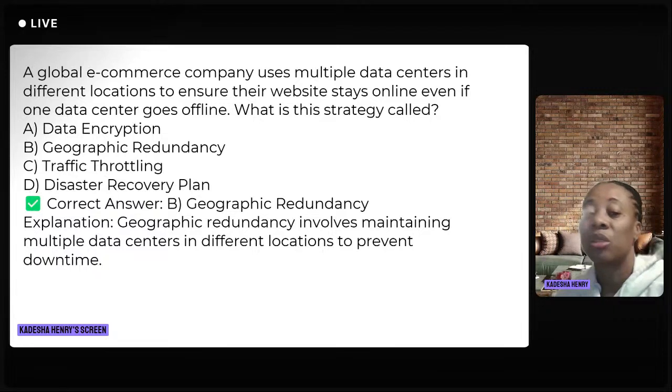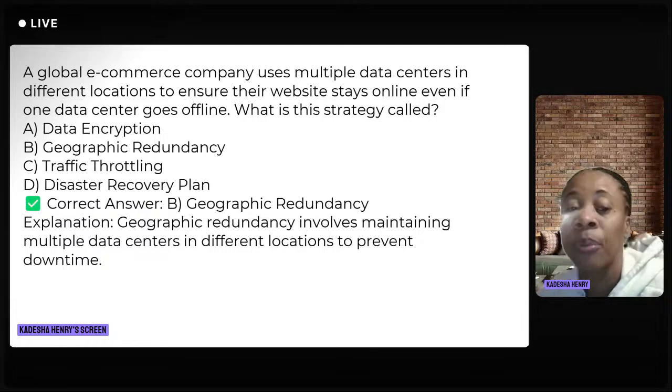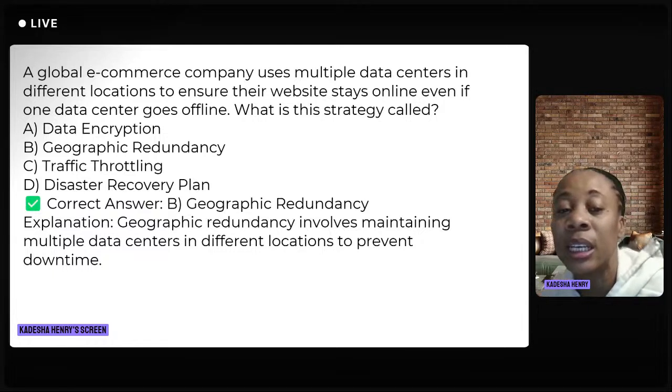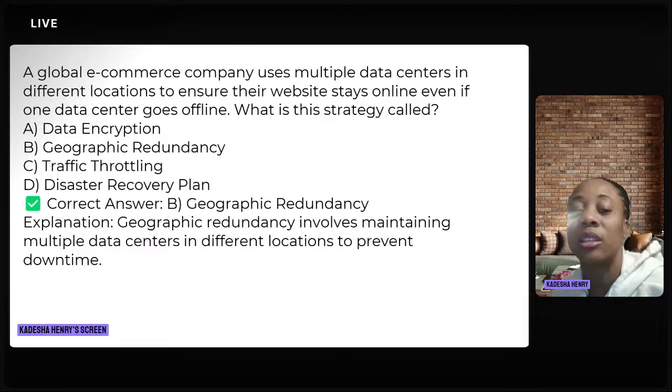What is this strategy called? Is it data encryption, geographic redundancy, traffic throttling, or disaster recovery?